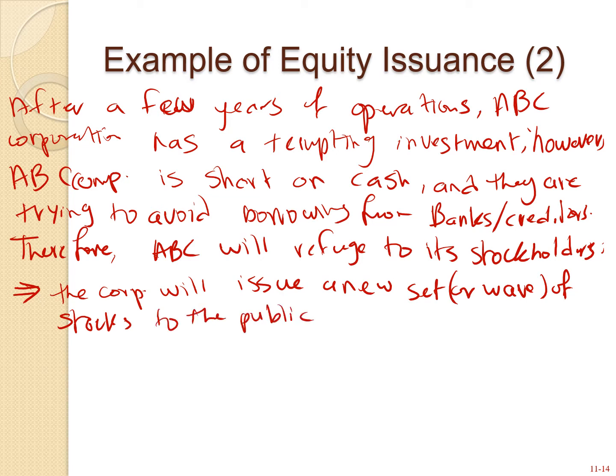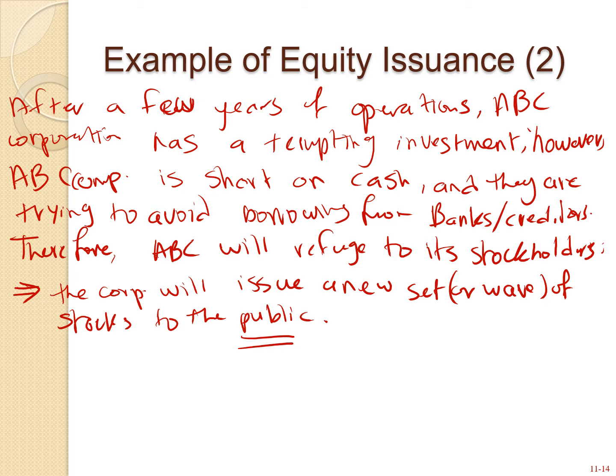Now, this public might be an existing investor, so someone who already owns a share in ABC, or a new investor who just heard of the company. So now, who determines the price of the new issue?